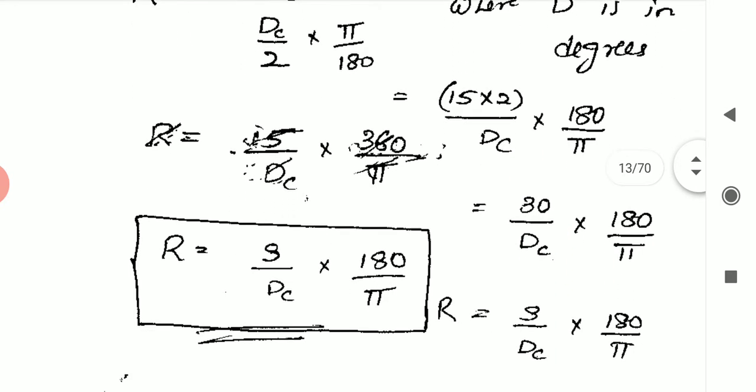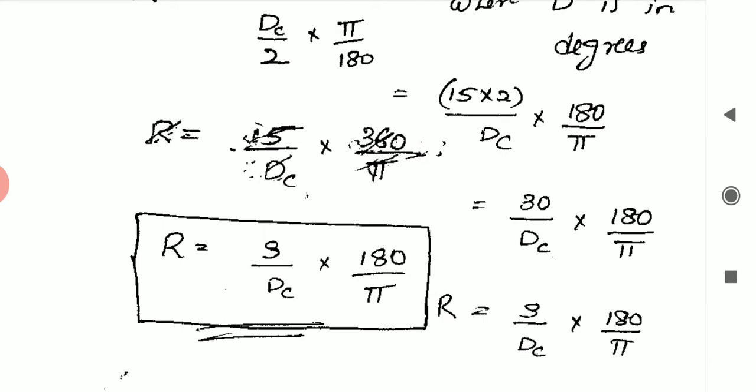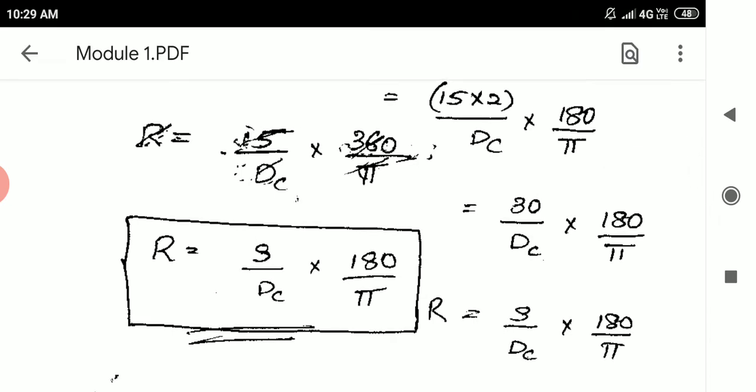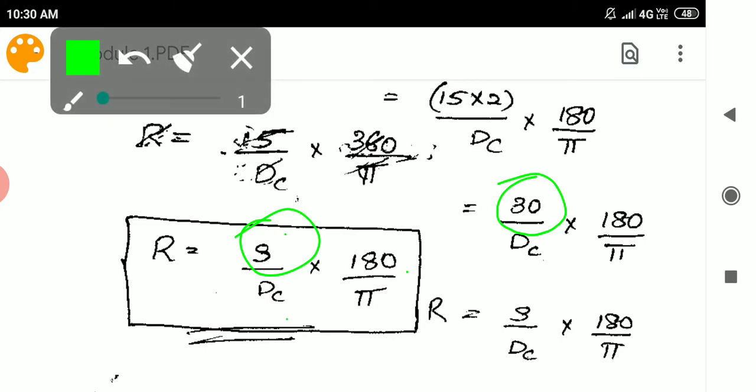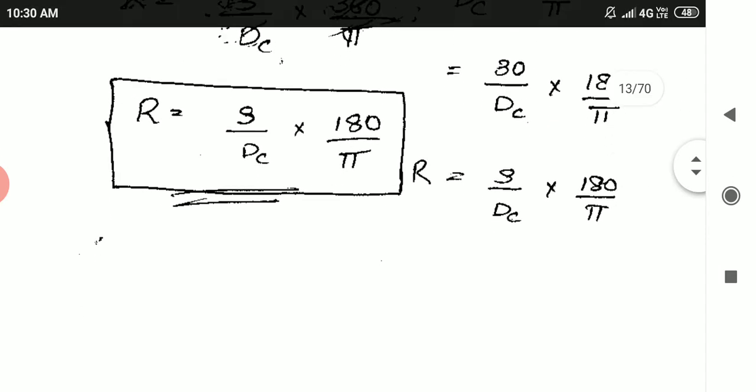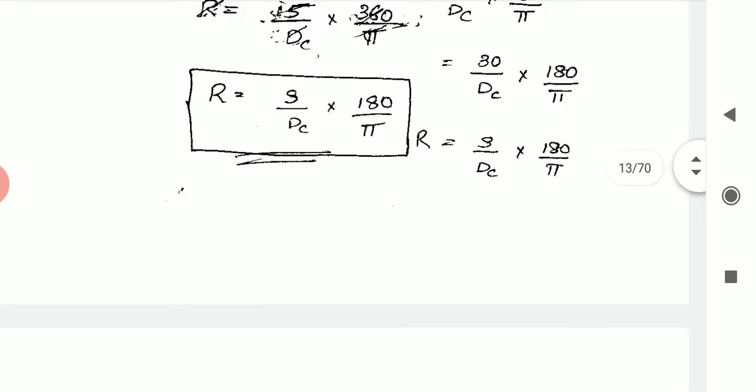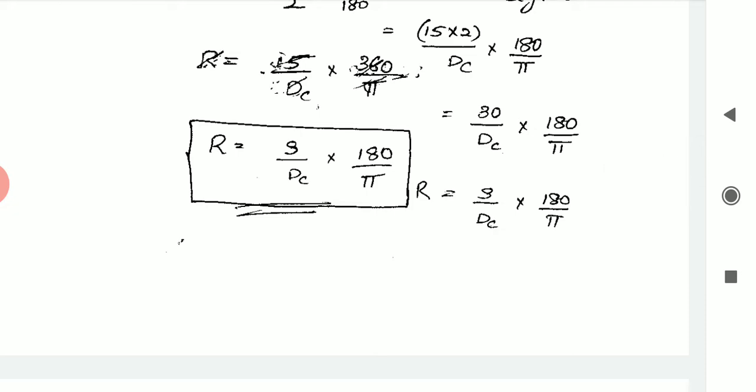So R equals 30 by DC into 180 by pi. Already we know 30 is nothing but the length, the standard length, which is S. So the chord definition is S by DC into 180 by pi. That is nothing but the chord definition. This is the designation of the curve.